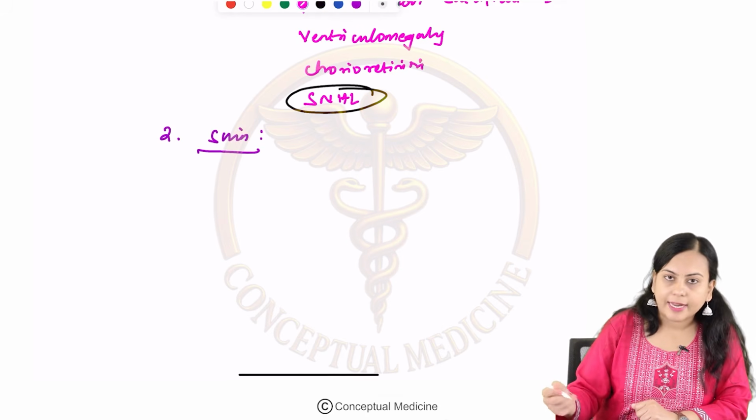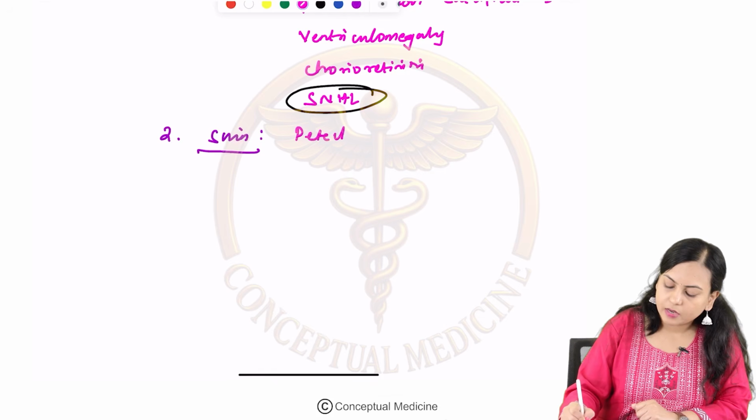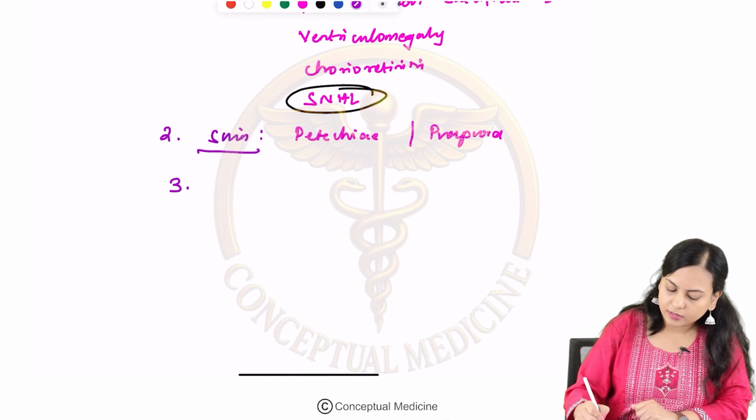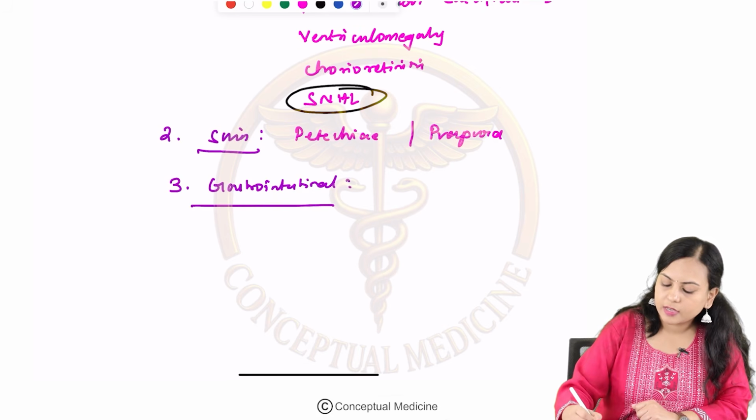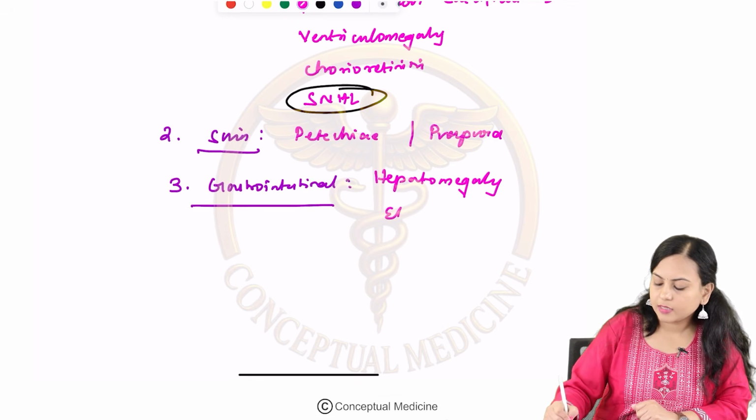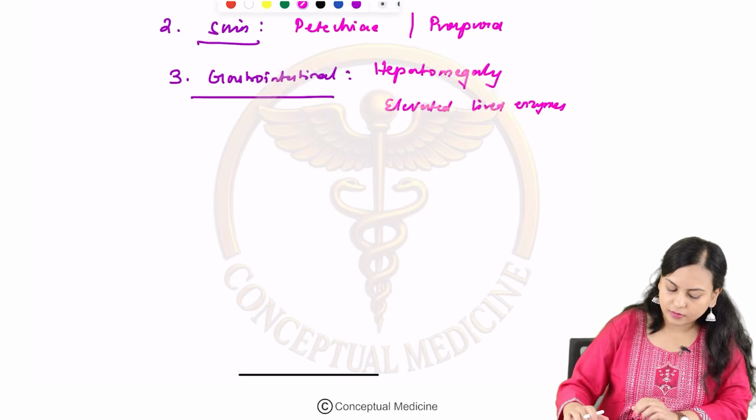Now, skin manifestations can include petechiae or purpura. And then gastrointestinal manifestations, which will include hepatomegaly and elevated liver enzymes.